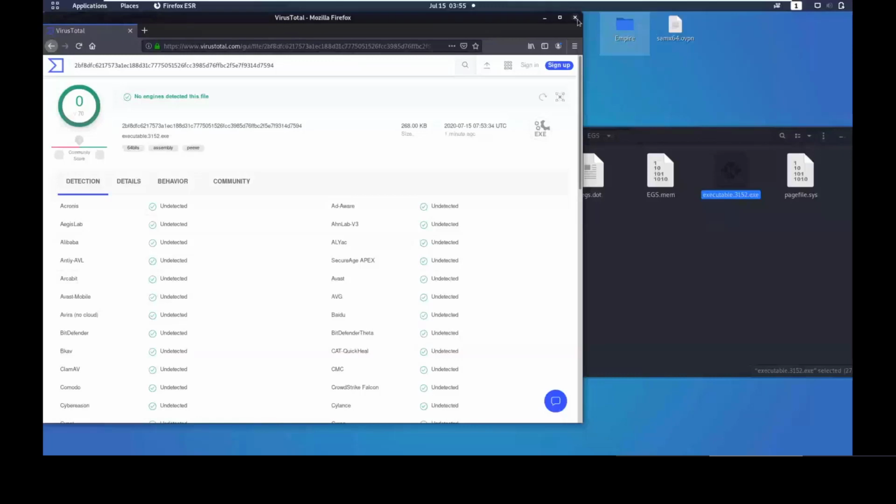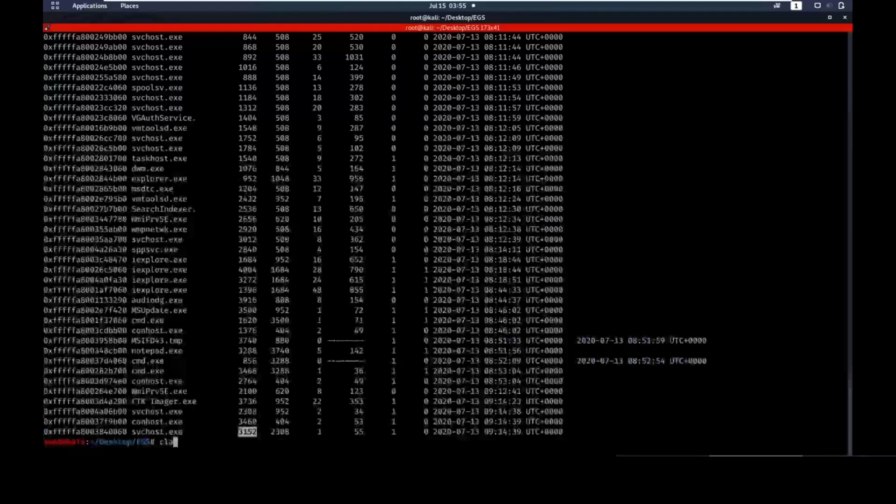In this case, let me close this tab, we found a process which is not detected by the antivirus, but it shows some malicious, suspicious behaviors. So I go more in depth now.